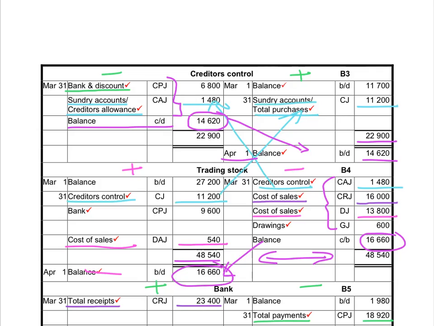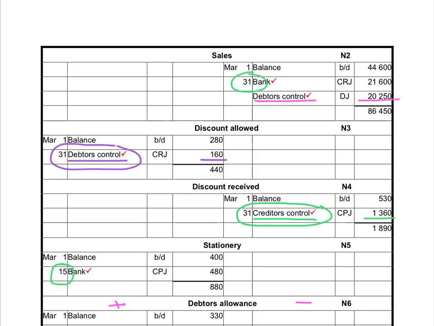So if this balance is brought down on the debit side, it means that we will record on the debit side of the trial balance 16,660. When there are only amounts on one side, we will add up the amounts and the total amount will be recorded in the trial balance on the same side that the amount appears in the ledger.